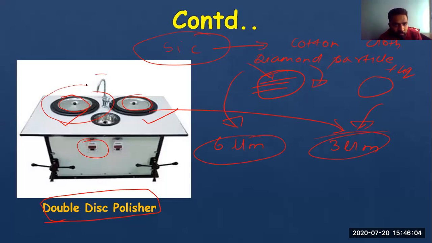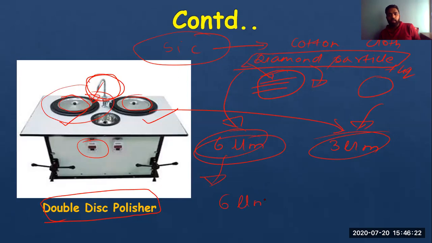This part is used for pouring liquid or resin or oil on this polisher disc. And you use diamond particles of different sizes to polish. Initial size for basic polishing is 6 microns, and on the second disc it will be 3 microns.